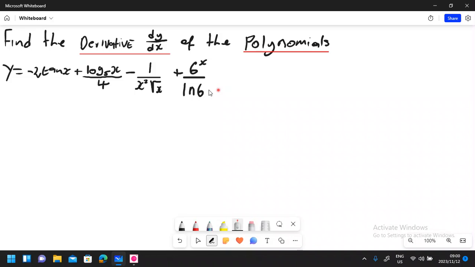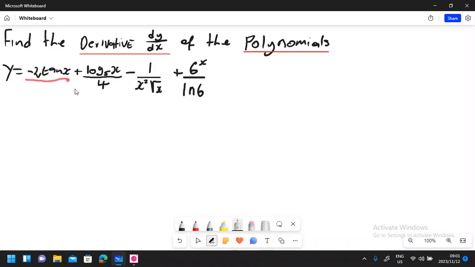But let's start with our problem here. Before you start with this problem, remember you need to first simplify this in a form where we can differentiate. You also need to identify the terms.